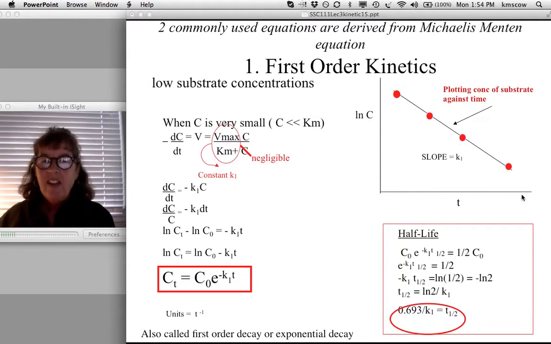Now, the half-life is another important term that can be derived from this equation expressing first-order kinetics, and the half-life is how long it takes for half the concentration to be removed. And people use this half-life term a lot in talking about pesticides.